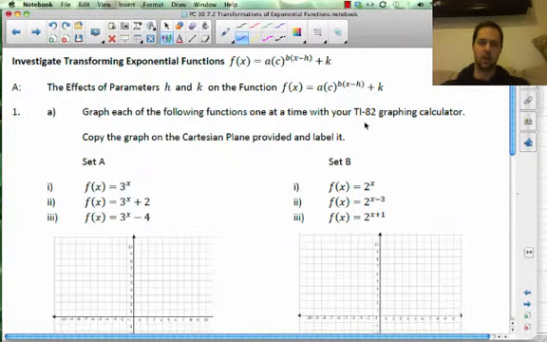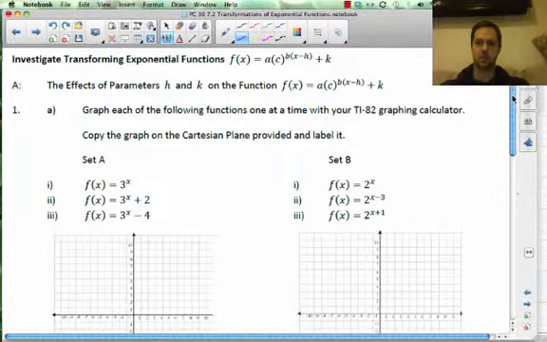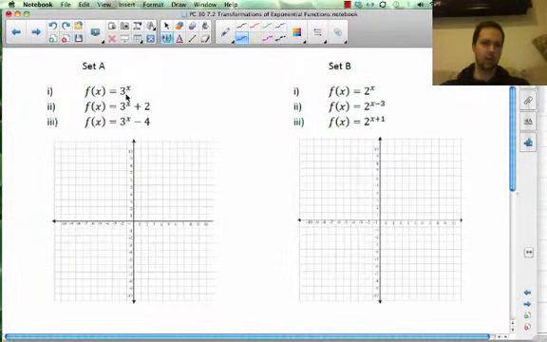I've asked you to graph these all on Desmos, and we're going to take a look at how each of these graphs will look after the transformation has been applied. We're going to start with a basic function, which is essentially y equals c to the x, where c is the constant 3 and x is the variable in the exponent here.